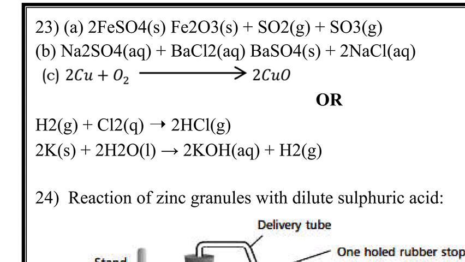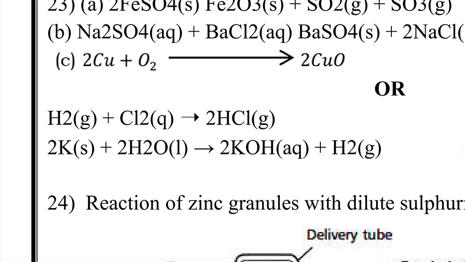And optional question B: potassium metal reacts with water to produce potassium hydroxide and hydrogen gas. We have to write the chemical equation as already displayed on the screen.